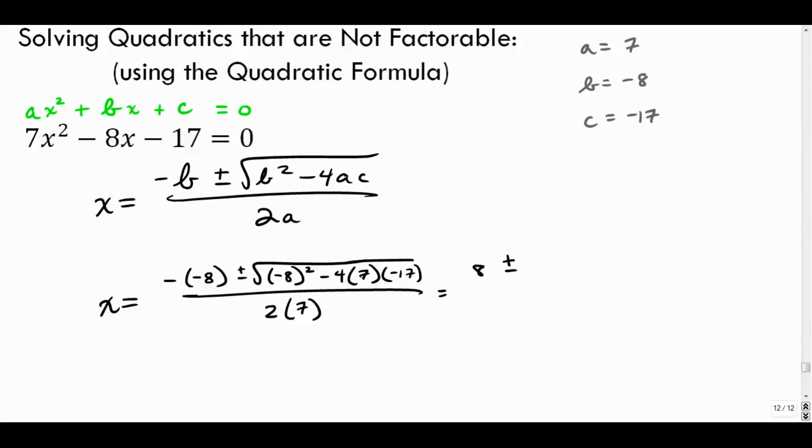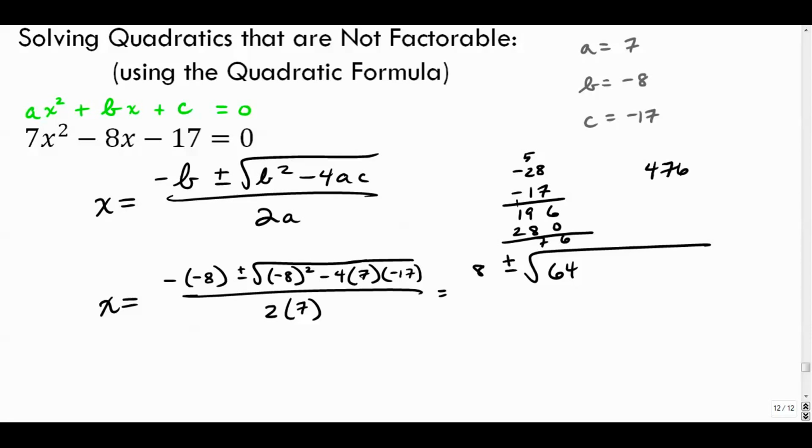Positive 8 plus or minus the square root of 64. In the middle here we have minus 28, negative 28 times negative 17. So let me multiply that out.